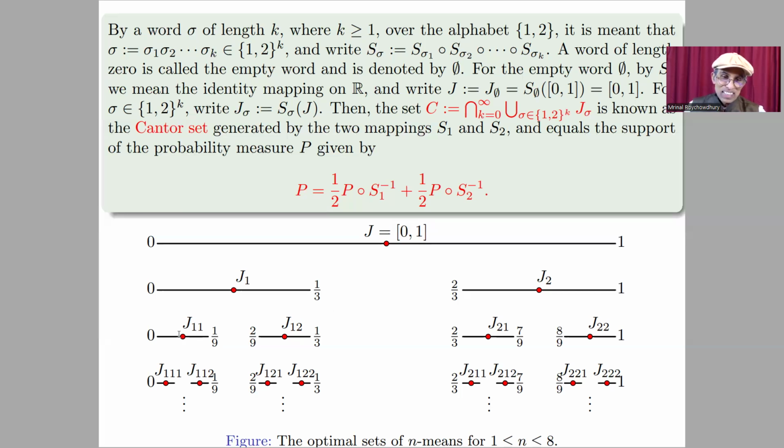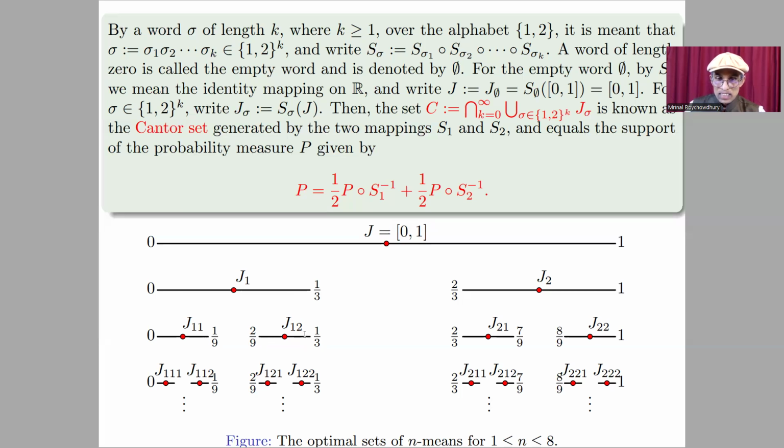This interval does not come from here when you apply the mapping S2. When you say J11, that means you have to apply the composition mapping S11 on this interval. Then you will get this one.